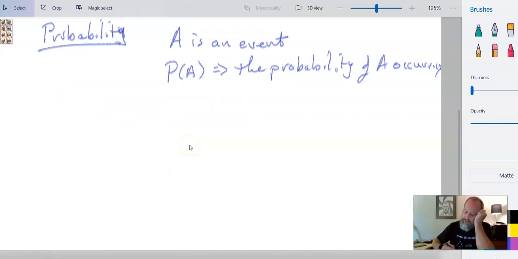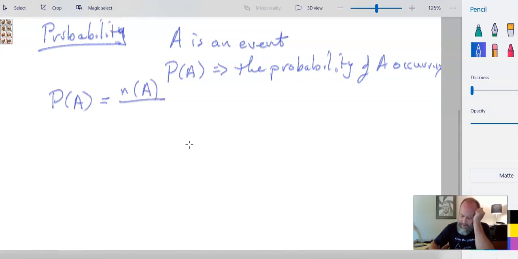Now, how do you mathematically compute probability? Well, the formula looks like this: the probability of A occurring is equal to n of A divided by n of S. Without knowing what any of these things mean, it still doesn't mean anything, but you know that it's a probability.